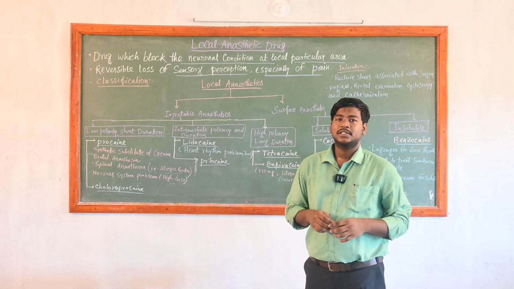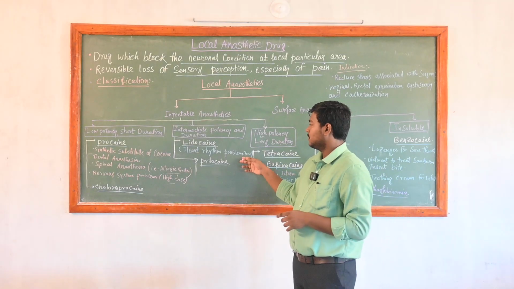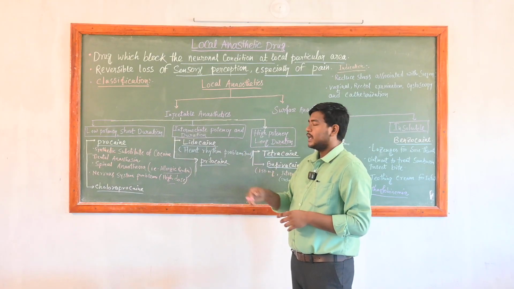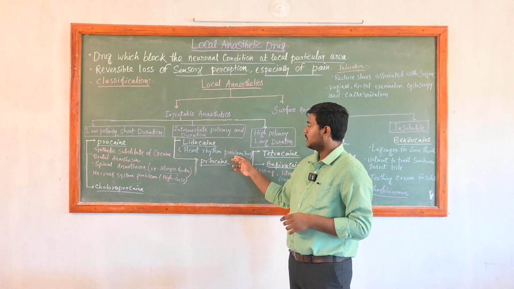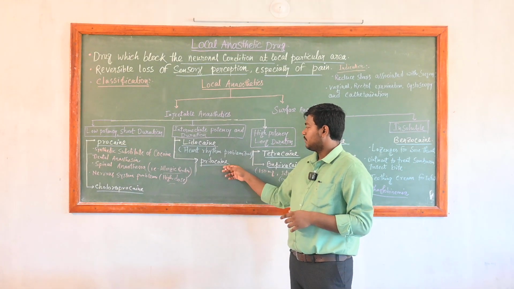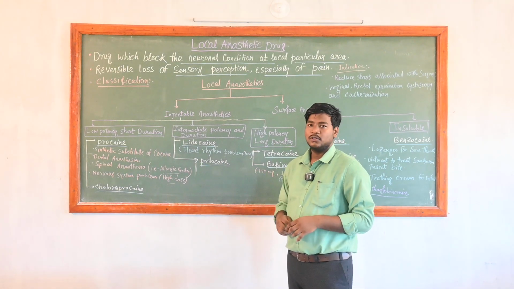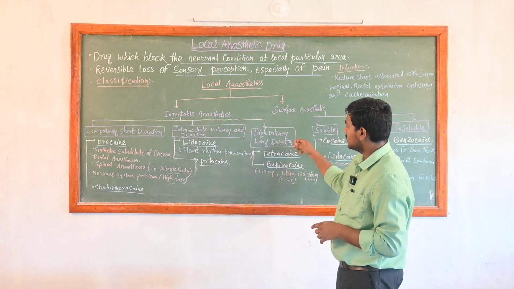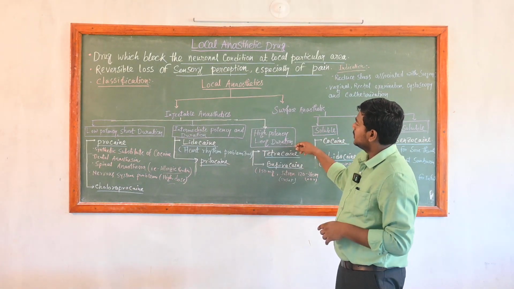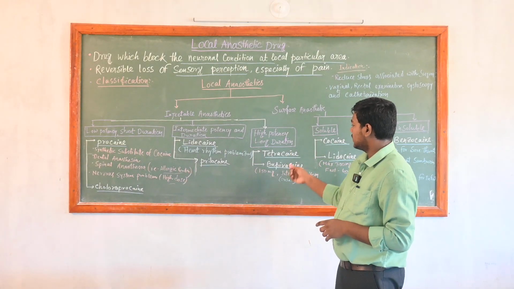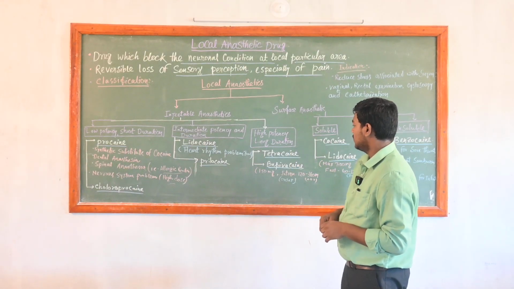For example, if a patient has a heart rhythmic problem, for that patient, if we use anesthesia, we can use Lidocaine for anesthetic action, and pilocarpine is also used. Another one is high potency and long duration injectable anesthetic drug, that is Tetracaine and Bupivacaine.